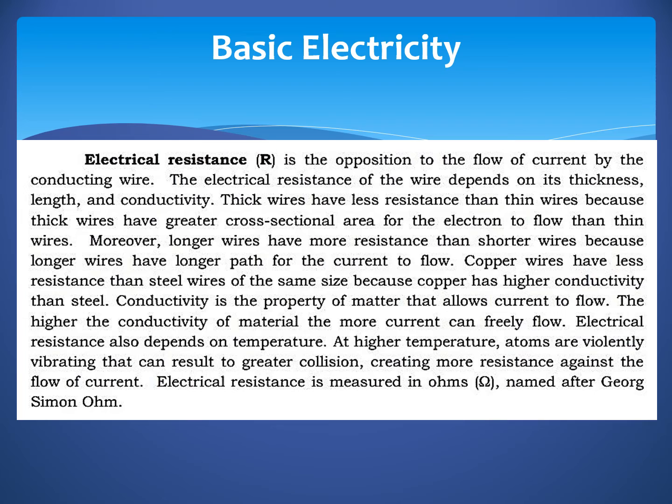Electrical resistance also depends on temperature. At higher temperature, atoms vibrate violently, which can result in greater collision, creating more resistance against the flow of current. Electrical resistance is measured in ohms, named after George Simon Ohm.